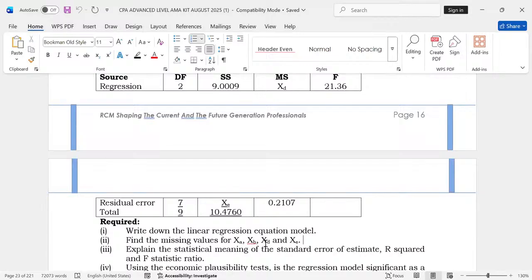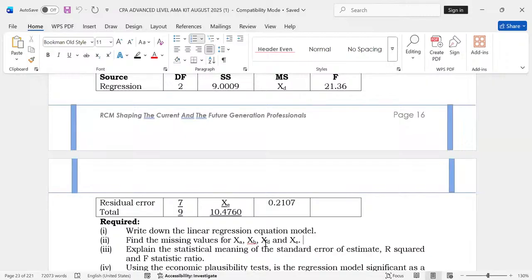So do you remember the concept of R squared if you're asked here? Before we even read the question, there are things as I read the requirements I should be able to understand. What is R squared? We discussed. No, don't make reference to the notes. It is already in your mind, in your own language. If you're a Kikuyu, speak to me in Kikuyu. If you're coming from whichever area, speak to me in your own mother tongue. What is R squared?